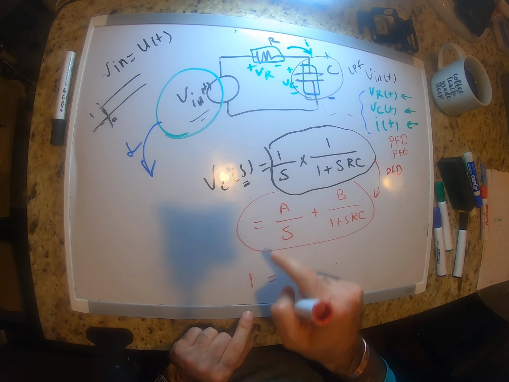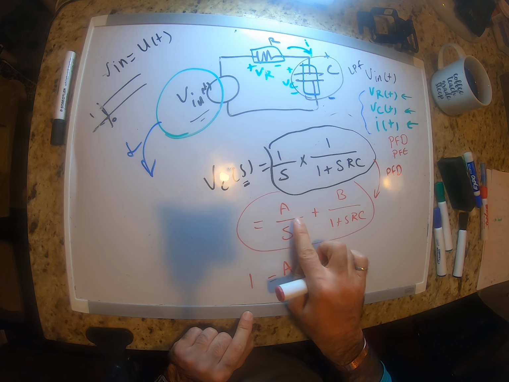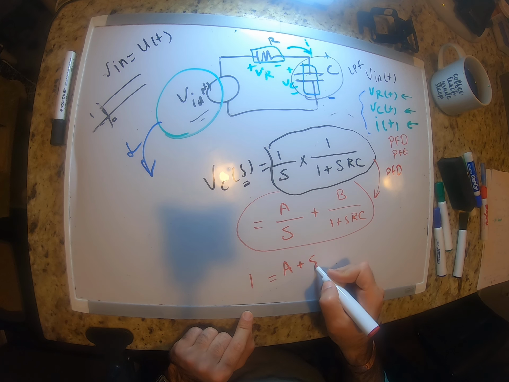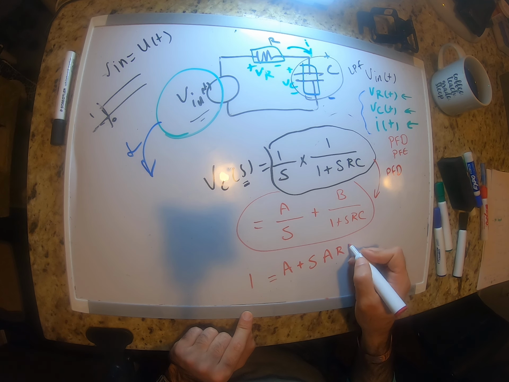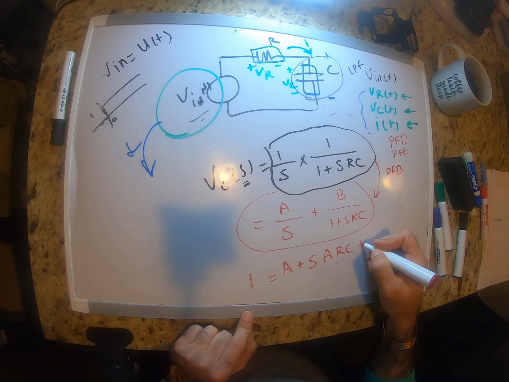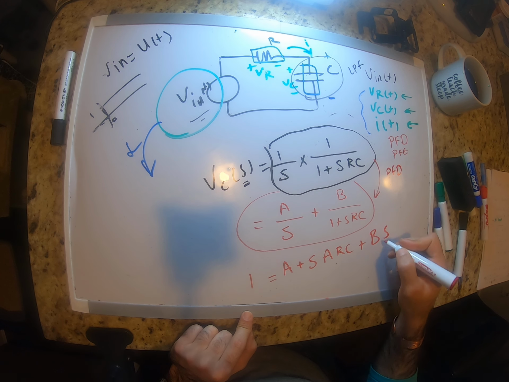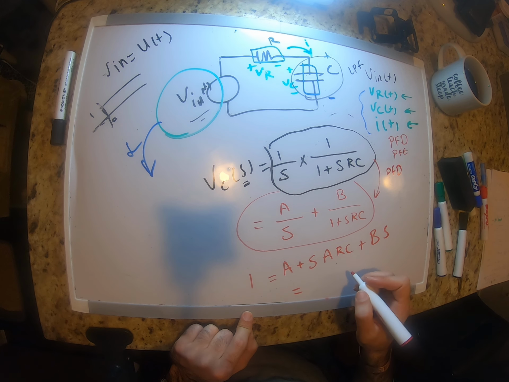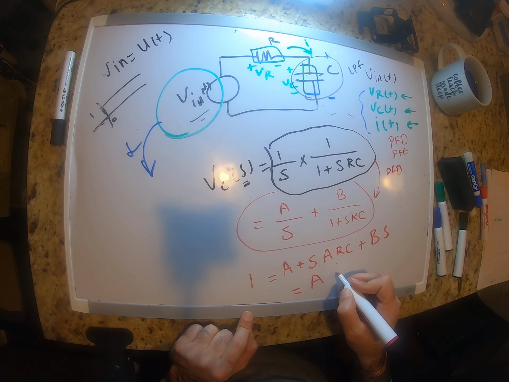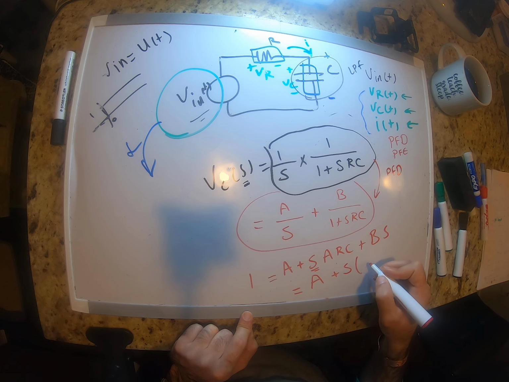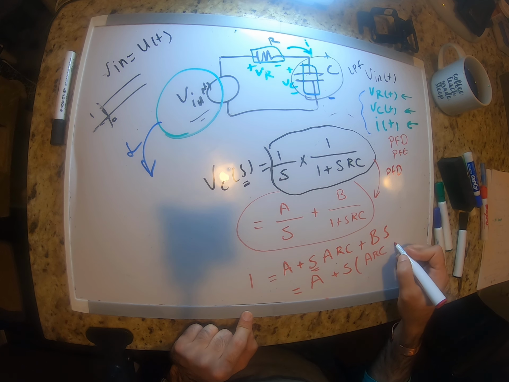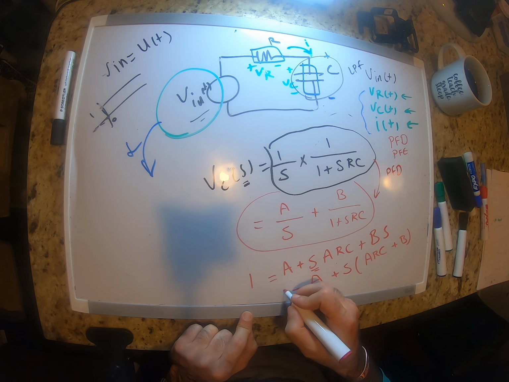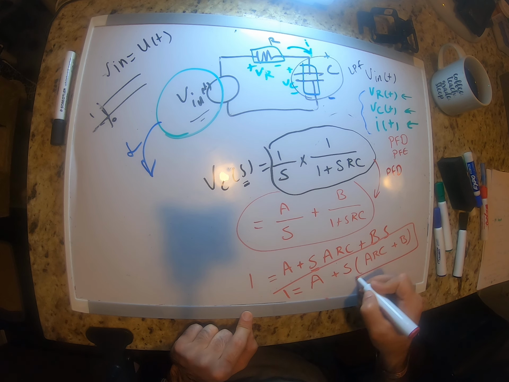The numerator for this one is A times 1 plus S times RC, plus B times S. Okay, let me simplify this. I'm going to write this as A plus, factoring out S, S times (ARC plus B). So this is the equality that we have.